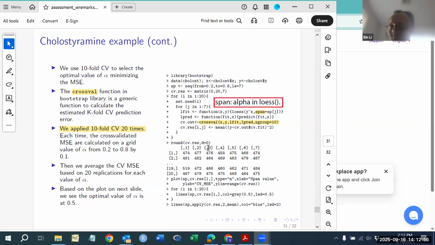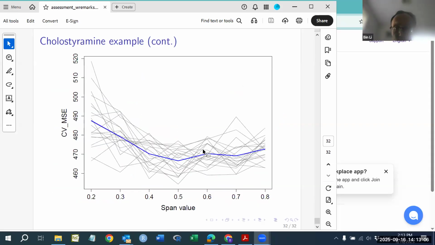Okay, so look at the code. I don't have time to go over this code line by line, so if you have any questions, we can talk about that after class. The blue one is the average of these 20 replications for the tenfold. You can see it is quite noisy for each tenfold, but when we do the average, it's much stabler.